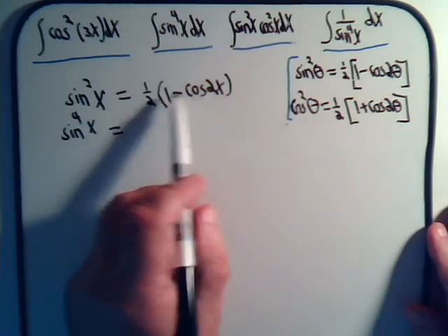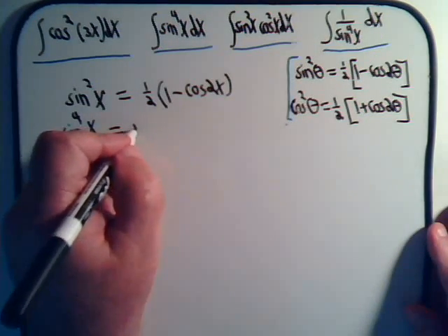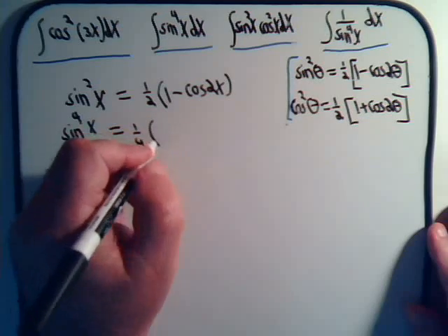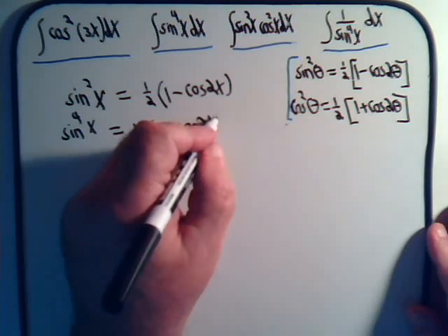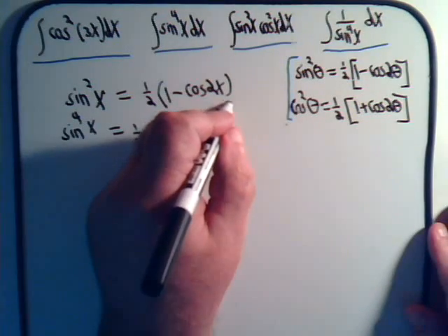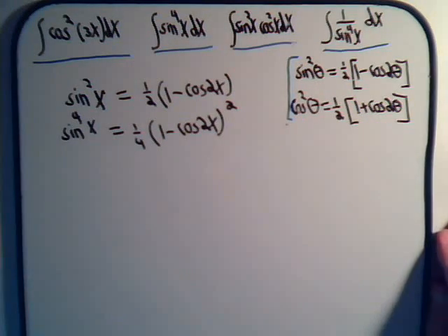So that will equal this side squared. So we're going to have 1/4 times 1 minus the cosine of 2x, and we have that whole quantity squared.